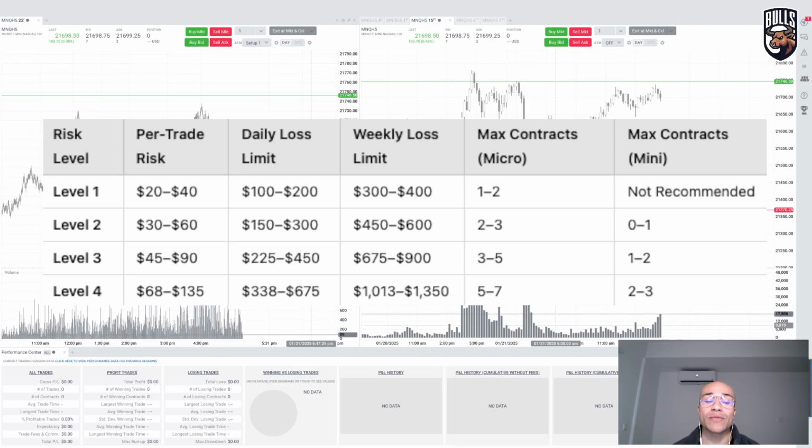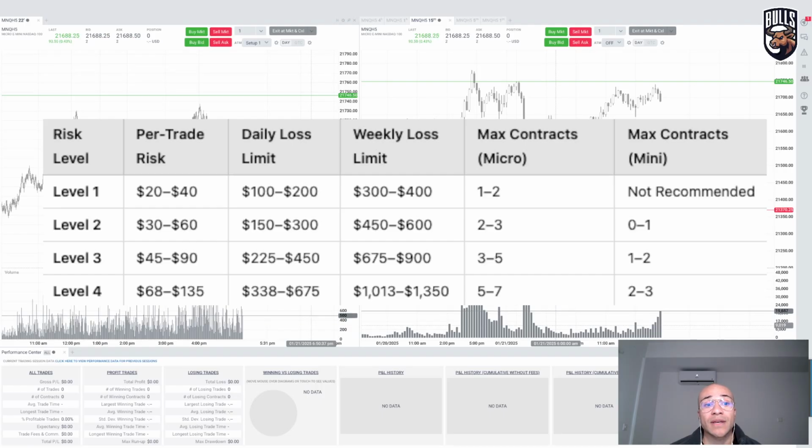My account would be blown, which would make no sense at all. So I'm trading level 3. I have a daily loss limit of $450, so that means I can hit the daily loss limit 4 days in a row, essentially. And my risk per trade will be from $45 to $90, and I will be trading 3 to 5 micro contracts.